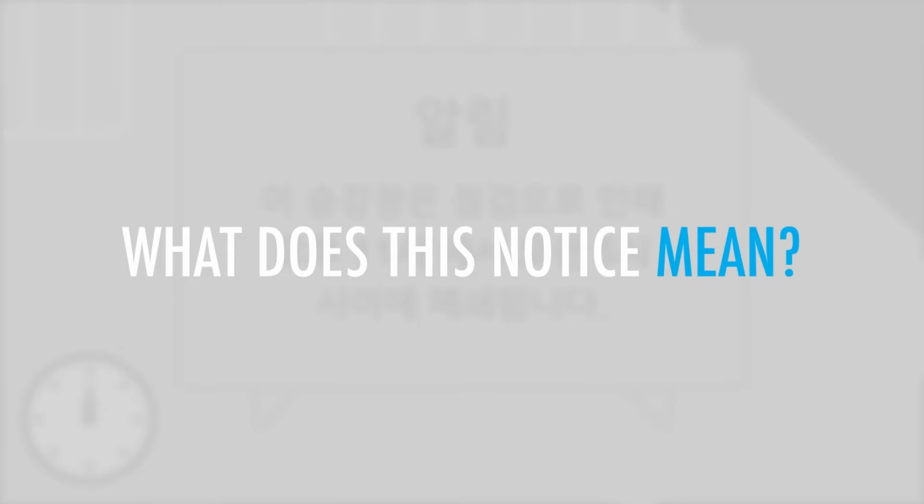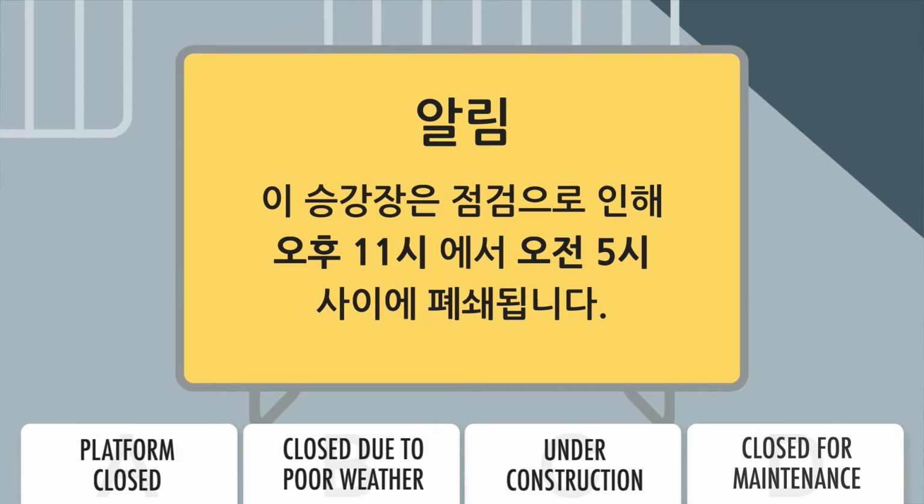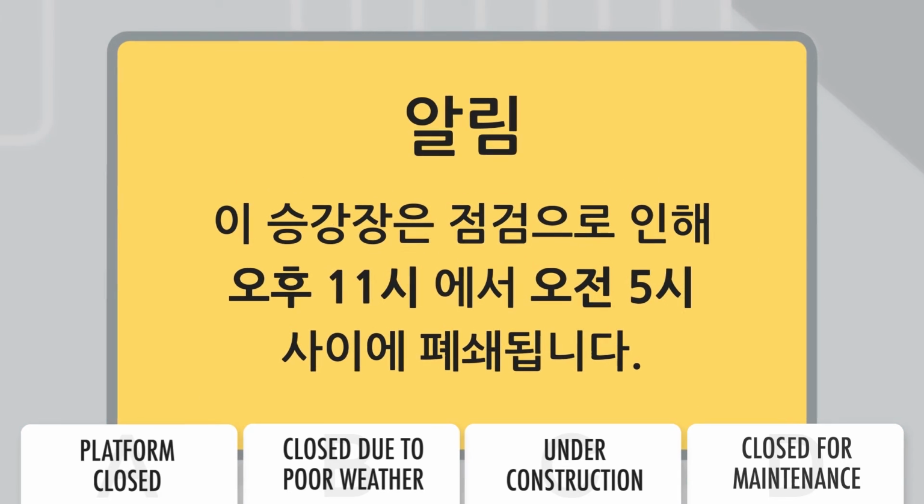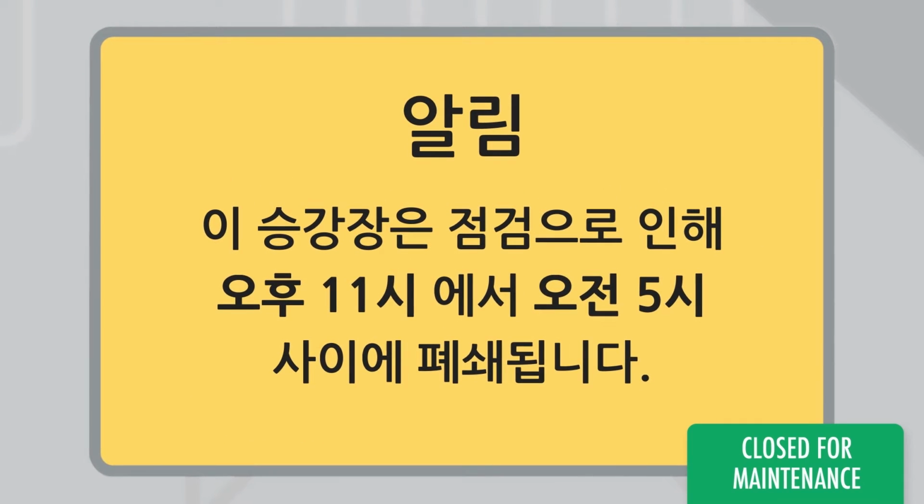What does this notice mean? The notice reads, "This platform will be closed for maintenance between 11 p.m. and 5 a.m." 이 승강장은 점검으로 인해 오후 11시에서 오전 5시 사이 폐쇄됩니다.